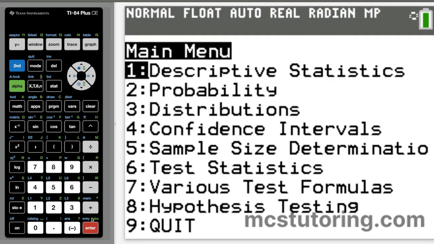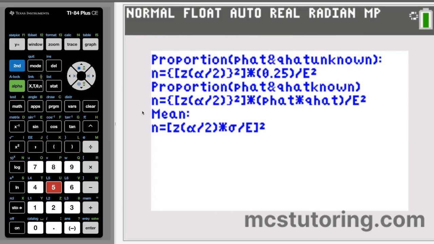Okay, so then let's talk about sample size determination. For a proportion where p hat and q hat are unknown, n is z alpha over 2 squared times 0.25, all divided by e squared.